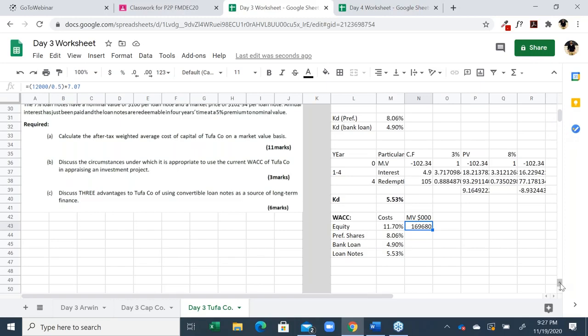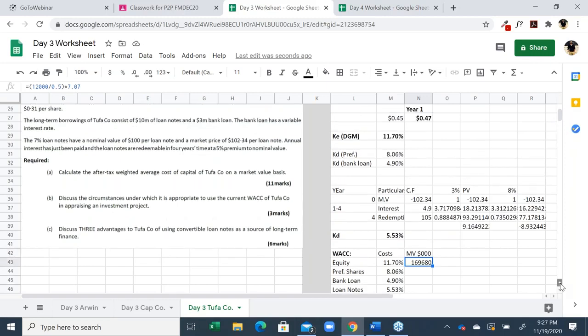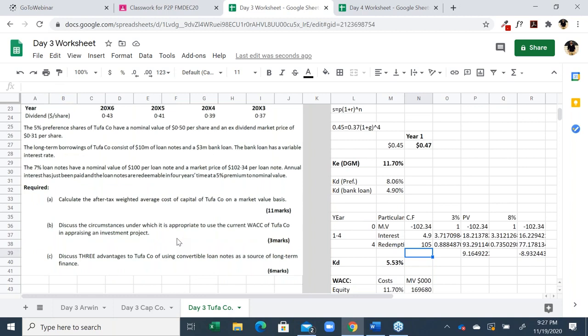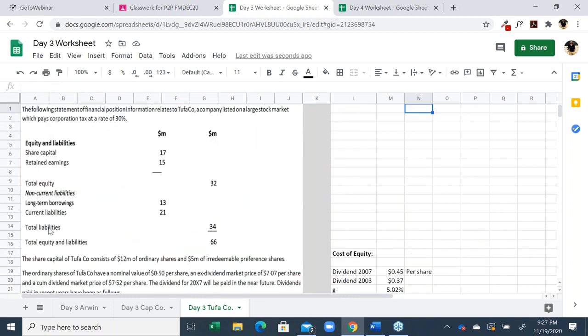In the same way, we will be calculating the value of preference shares. The nominal value of the preference shares is also 0.5, and the total value of preference shares will be available in the balance sheet, I guess. No, it will be somewhere in the data.